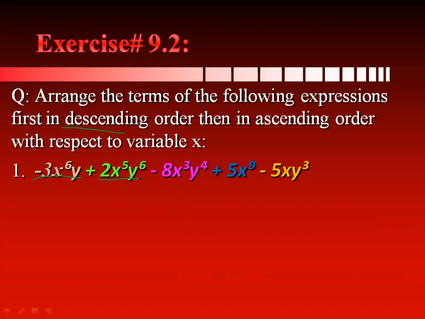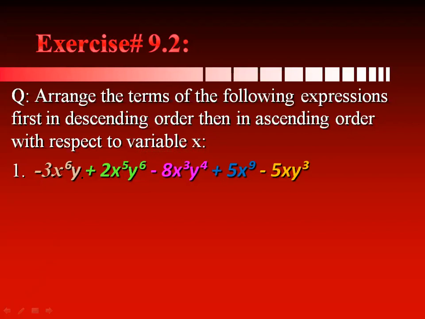In this term, you again have two variables, x and y. So which power will you consider, 5 or 6? The question tells you that you have to arrange them with respect to the variable x only. It means you have to consider the power of x, not the power of y. So you will focus only on the power of variable x.